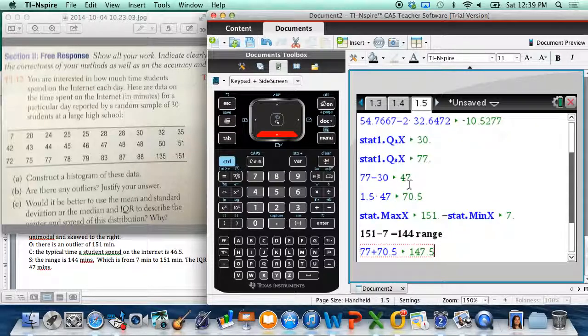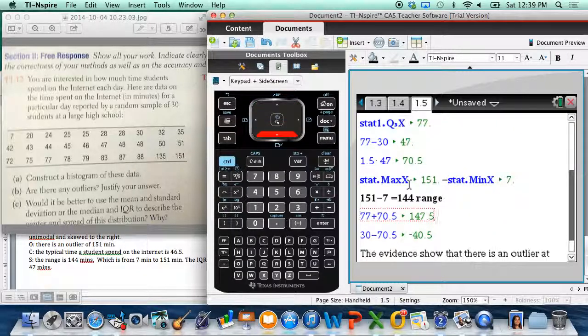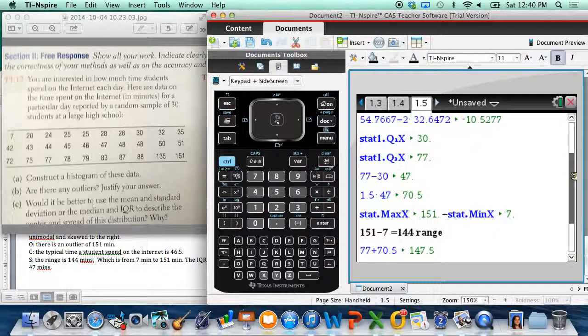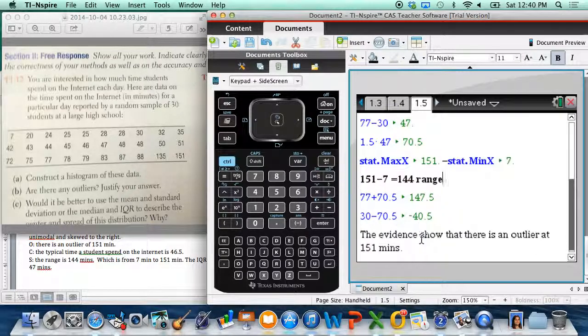I add that to my Q3 and I subtract it from my Q1, and that gives me my boundaries, and there is clearly an outlier where the boundary is 147 and there's a point at 151. So whether I use 2 standard deviations or the IQR, either way, the evidence shows that there's an outlier at 151.